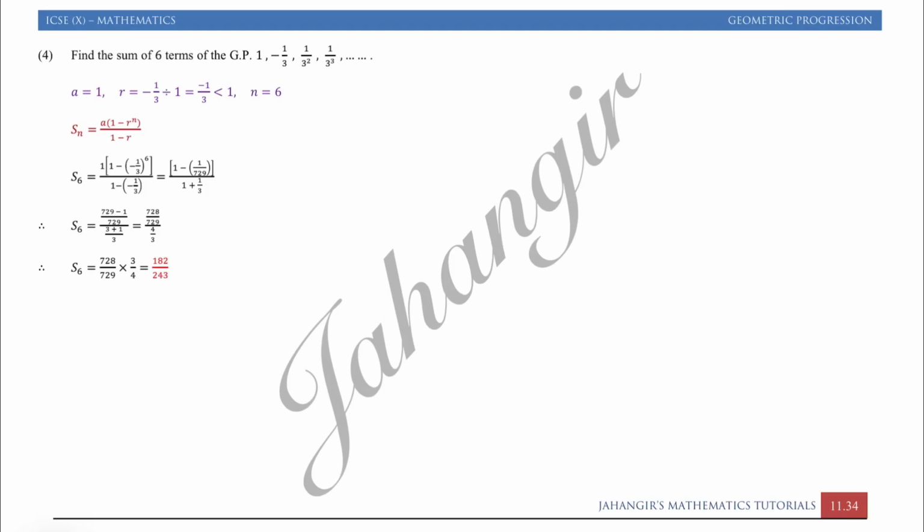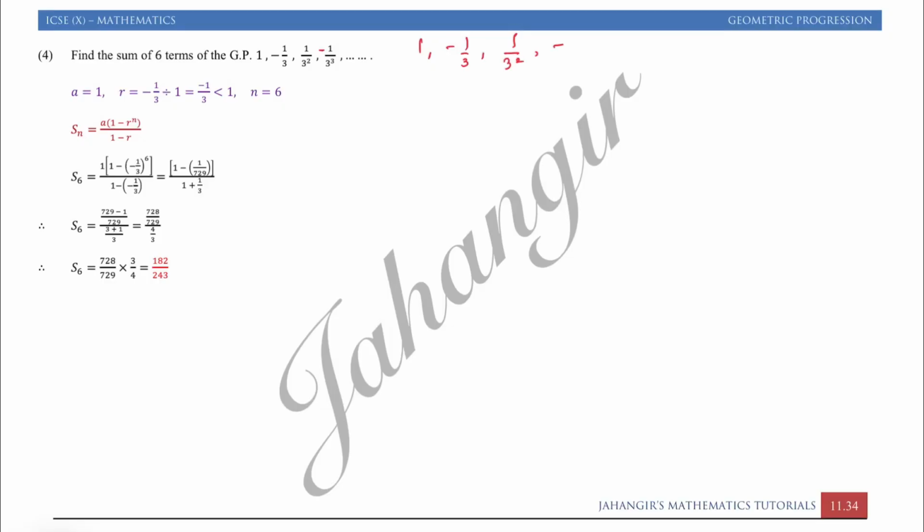Question number 4. Find the sum of the sixth term of the GP. GP is 1, 1 by 3, 1 by 3 square, and so on.